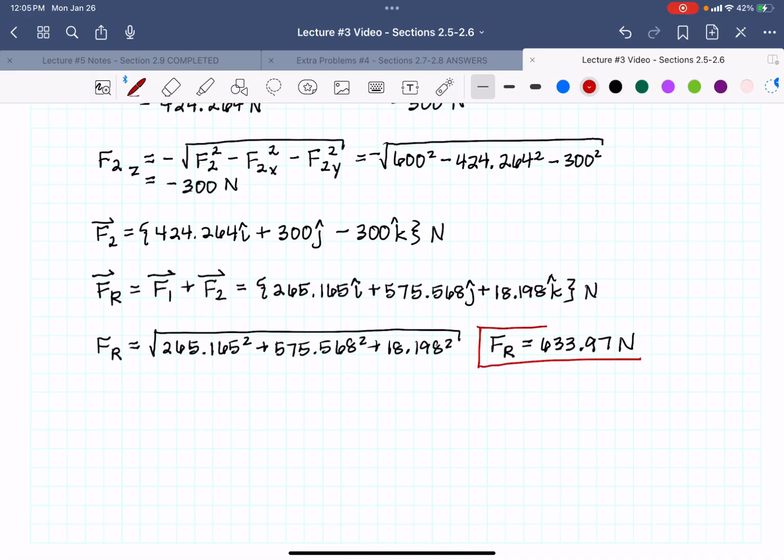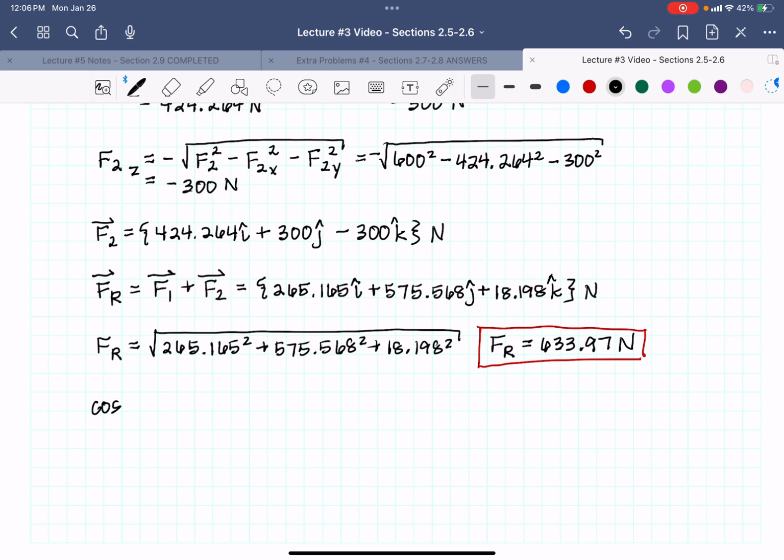I also need to get alpha, beta, and gamma. I am going to leave this with a few more decimals in my calculations. I rounded it for my final answer, but in order to do the resultant angles, I'm going to use the full value.